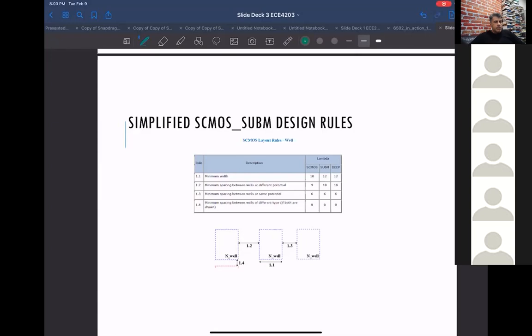Where is it? Just 1 second, guys, and make sure I have it open. Doesn't look like I do.